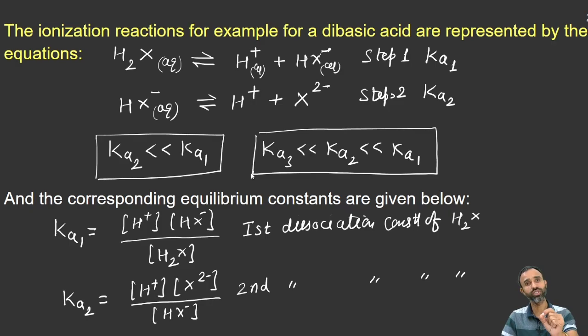Higher dissociation constants are always less, because when H plus ions are removed, negative ions go on increasing, and therefore the electrostatic force of attraction between H plus and the already formed anion goes on increasing, and it is increasingly difficult to remove H plus ion. I hope you understood. Are you getting along with me?